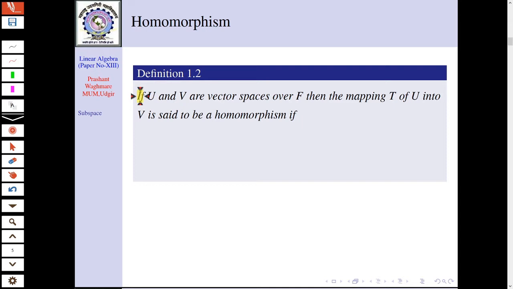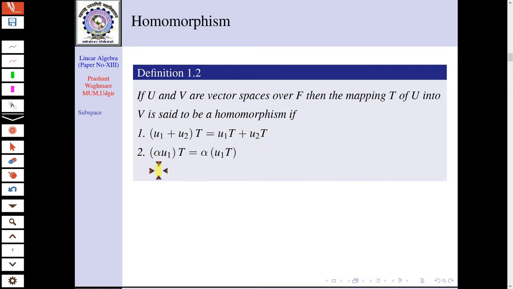If U and V are vector spaces over F, then the mapping T of U into V is said to be a homomorphism if there are two conditions. First condition is T of u1 plus u2 is the same as T of u1 plus T of u2. And the second condition is over scalar multiplication, that is T of alpha u1 is the same as alpha times T of u1.